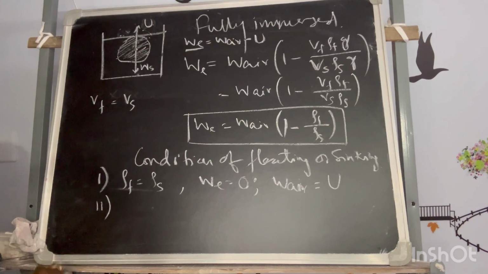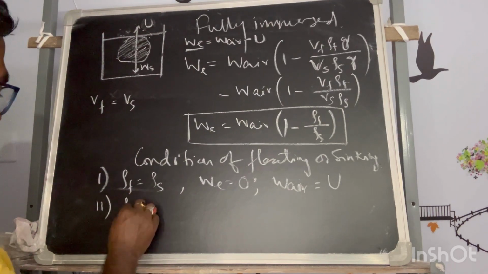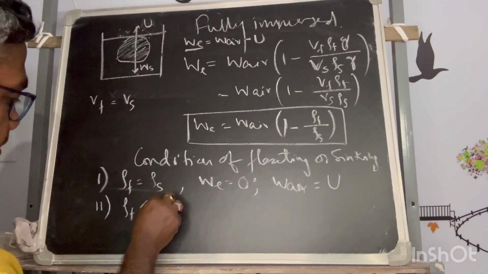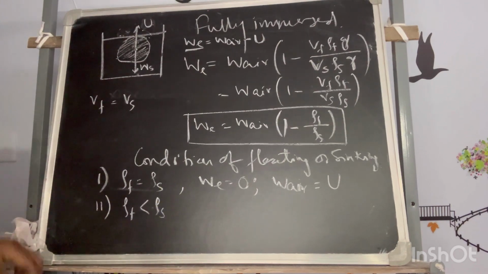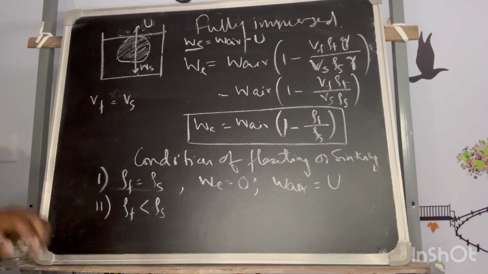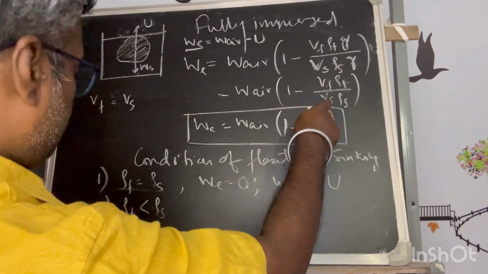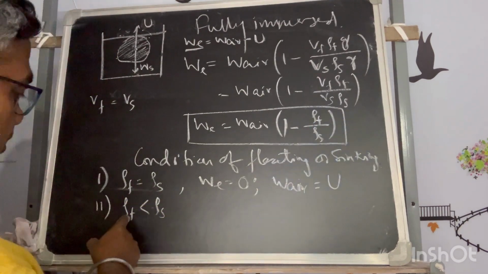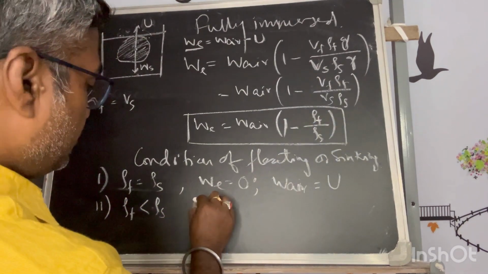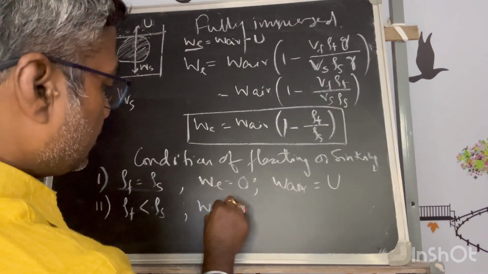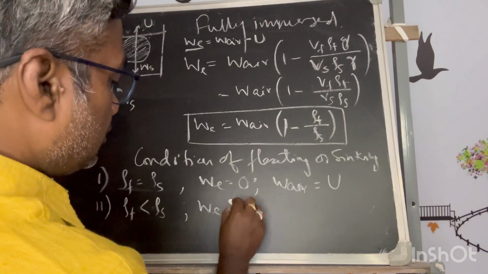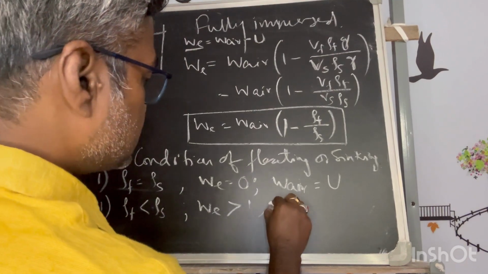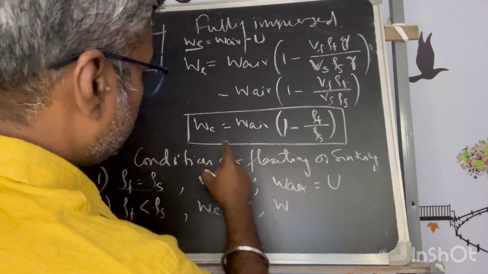Second condition, it could happen that the fluid density is less than the solid density. That means this part, F by S, is less than 1. So WE will be more than 1. What is WE?